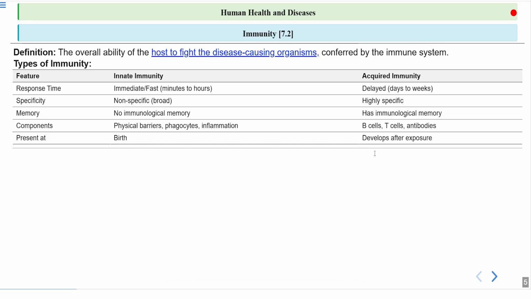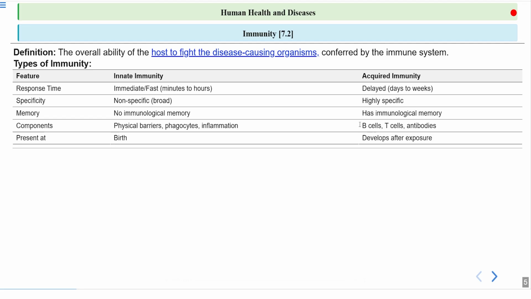Innate immunity does not have immunological memory, so it reacts the same way every time it encounters a pathogen, whereas acquired immunity has immunological memory. Once it encounters a pathogen, it remembers it, allowing for a much faster and stronger response if the same pathogen is encountered again in the future.